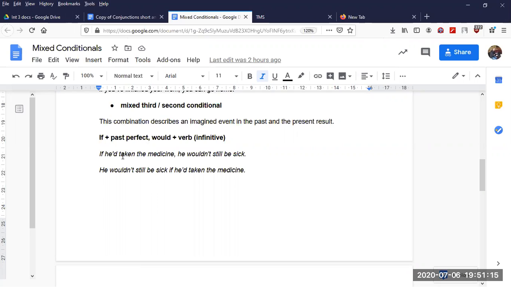And this would be the present result if this were different. So he wouldn't still be sick if he'd taken the medicine. So it's just a different way of arranging the clauses. Remember, if we have the if clause first, we have the comma. If we have the if clause second, we don't have a comma.